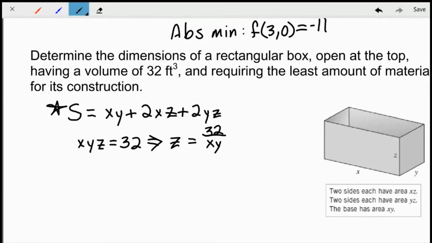Okay, so what I want you to do then is pick this problem up from there. We had our original function that we're trying to optimize, and the second piece is what we called the constraint function: x times y times z has to equal 32. That allows us to simplify this down a little bit and get it into a two variable situation.